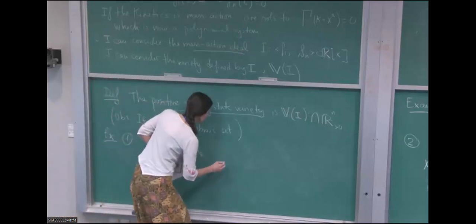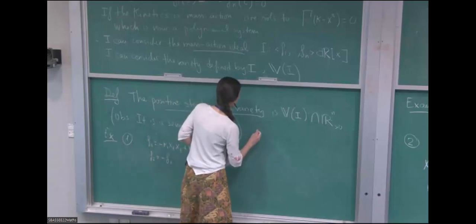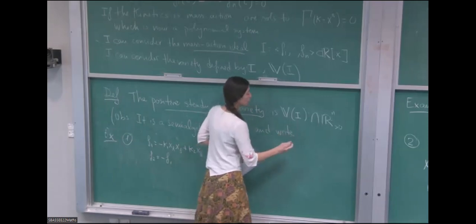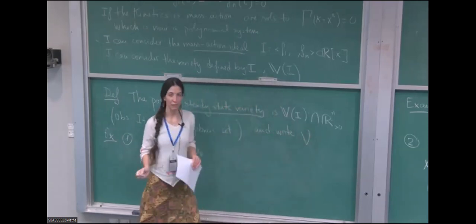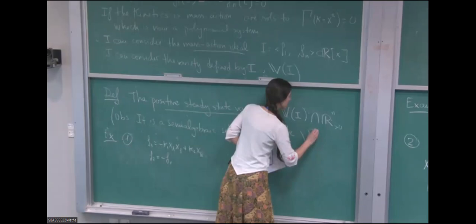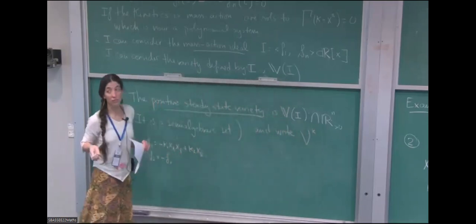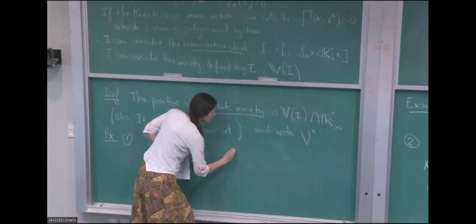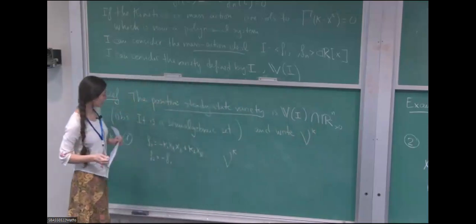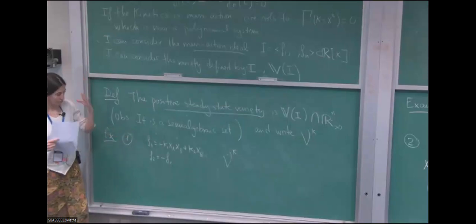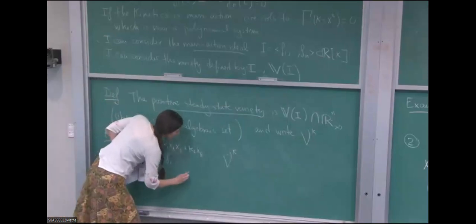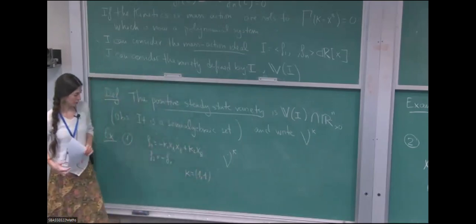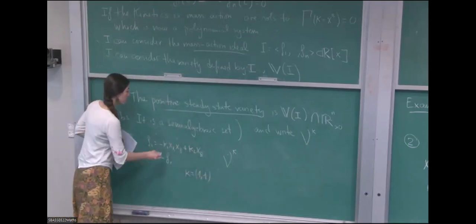And I will write something like V for the steady state variety. Then maybe make it depend on the k. So if I want to consider the positive steady state variety for this network, maybe say I take k to be 1 and 1. So this is 1 and this is 1.